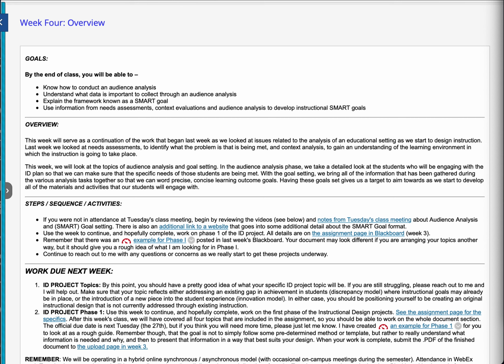But before I get any further than that, any questions about the work from last week or even the last couple of weeks, since we didn't get a chance to meet in person last week? Anything that I can help address at this point, anything along those lines, things to do with the needs assessment, things related to context assessment.